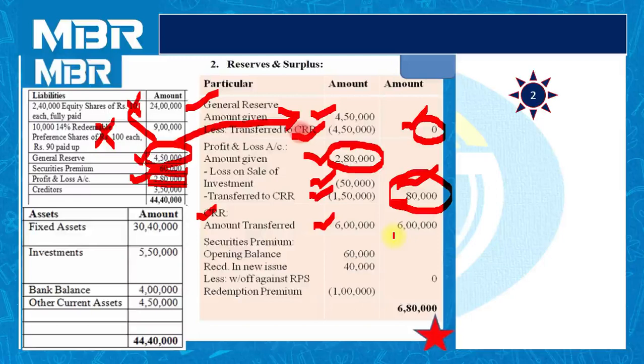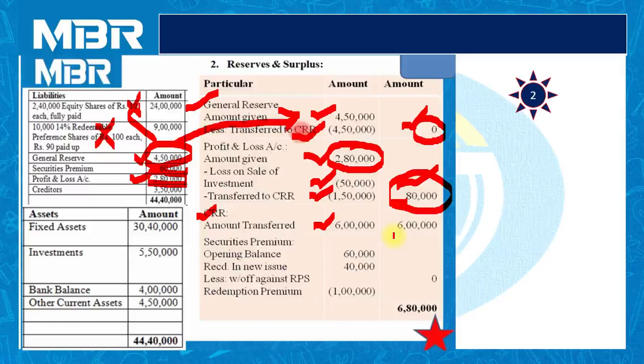Now, just recall step number 6. In step number 6, we have to issue bonus equity shares from the CRR account. But in this question, we have not utilized our CRR account for the purpose of bonus issue to the equity shareholders.